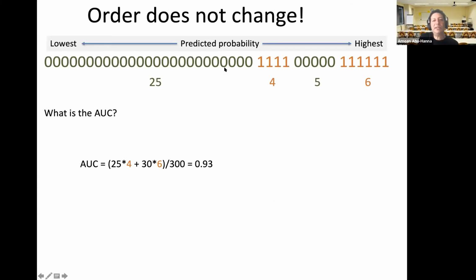So if I look at this order, the predicted probabilities all move to the left, but all the patients also move to the left. So there's nothing changing here. If the probability of this person was half, now it's 0.25. But this one will also get even smaller. They all will be pushed to the left, but the relative order will be the same and the AUC does not change. I hope this is an illustration that explains why the AUC does not change.